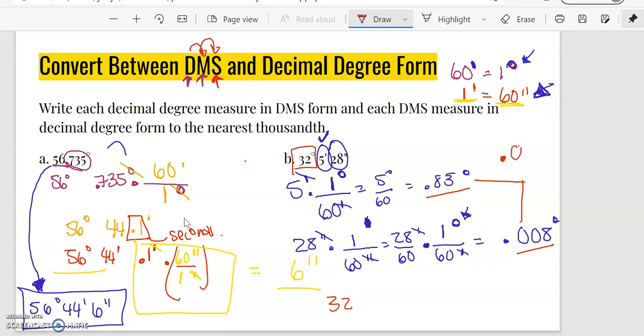Oh, sorry, this was 0.83. Just looking at my calculator, it was 0.83. So adding these together, it's going to give you 0.838. And so that's your decimal part of the degree, and it's 32.0913 degrees. That's your answer for this.